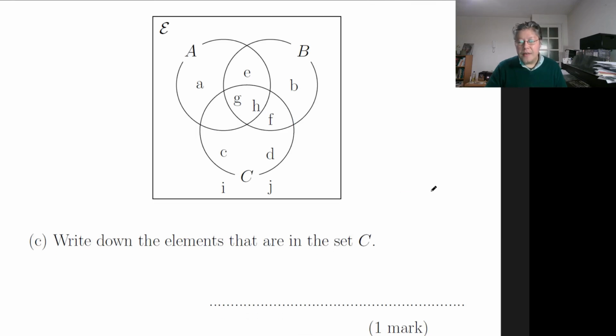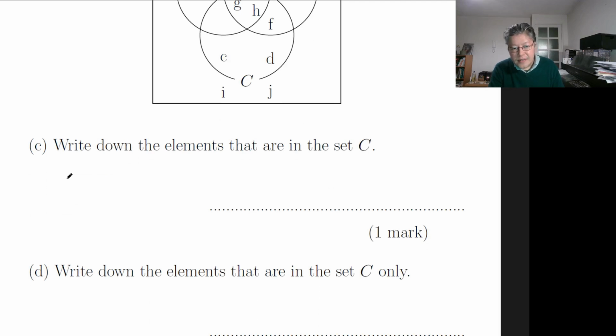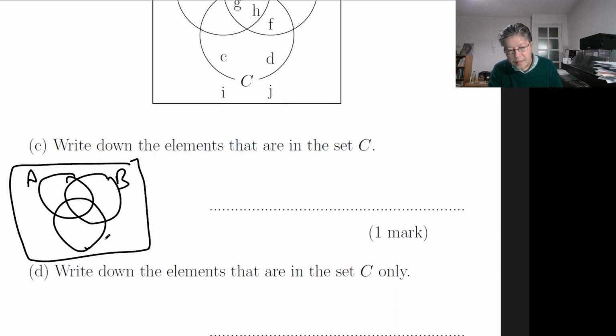Okay, part C, write down the elements under set C. So let's illustrate C first of all. C is going to be all of this. You have the parts that are in C only, also the bits that are in A and C only, and also B and C only, and also the part that's in all of A, B and C. So this C is going to consist of 4 regions.